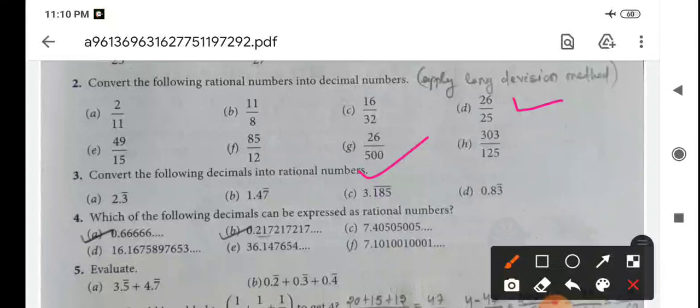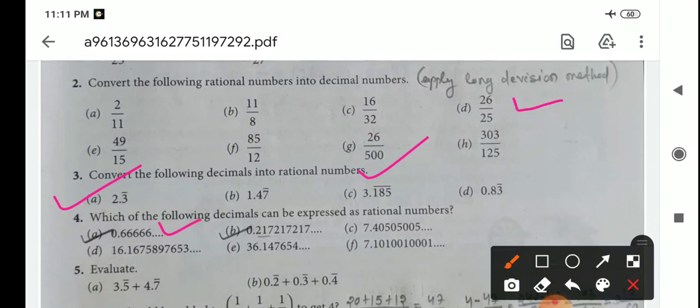Okay, then comes number 3. Convert the following decimals into rational numbers. Children, you follow the example, then you complete number 3. Number 4: Which of the following decimals can be expressed as rational numbers? Children, here you see 0.666 means 0.6 bar. This one we can convert to a fraction.